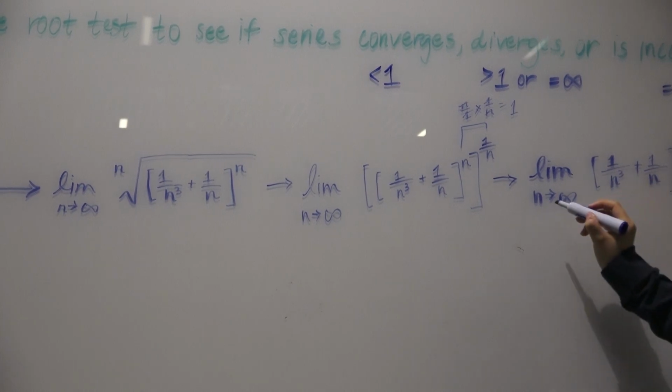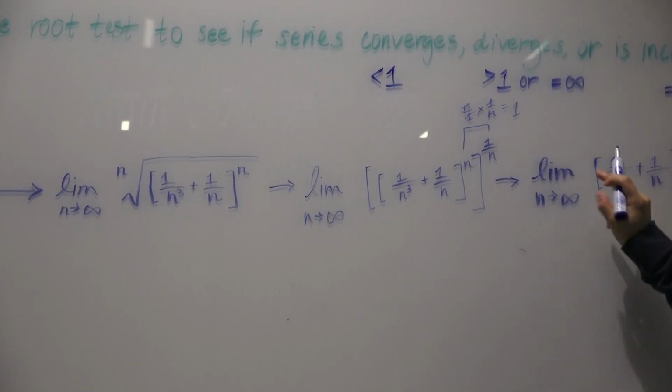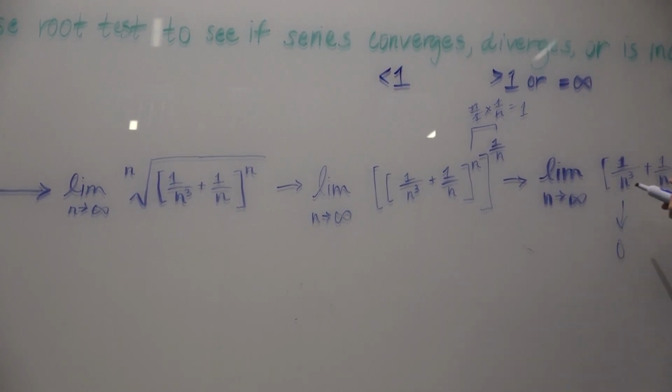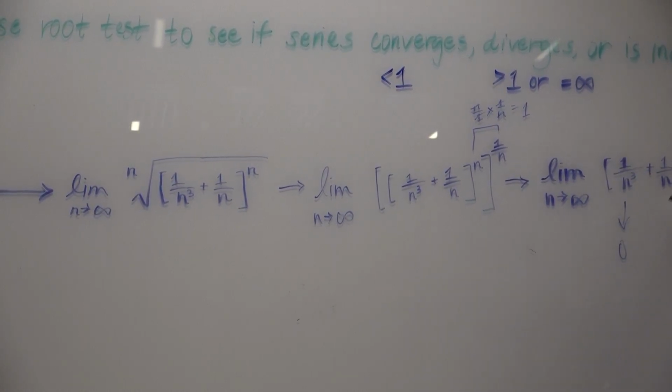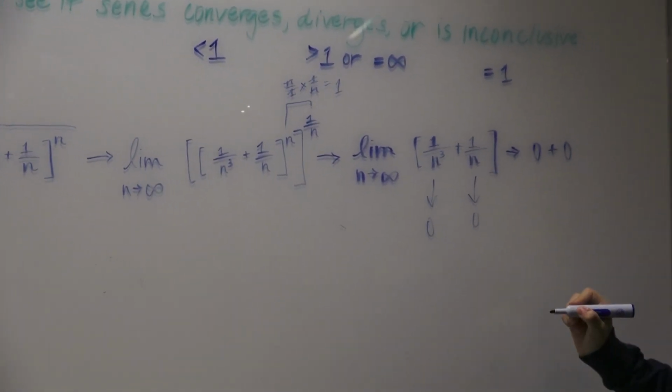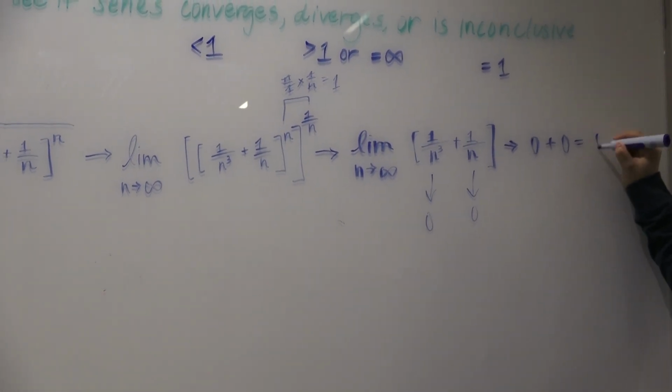The limit as n approaches infinity of 1 over n cubed is 0. The limit as n approaches infinity of 1 over n also approaches 0. So what you have is 0 plus 0, which is equal to 0.